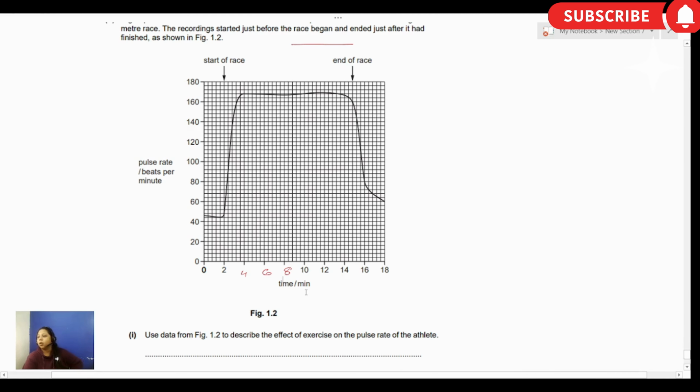So here the word describe is given. Whenever there is the word describe, what you need to do, we need to write the readings, the values from the graph. Okay, what values are you going to give?